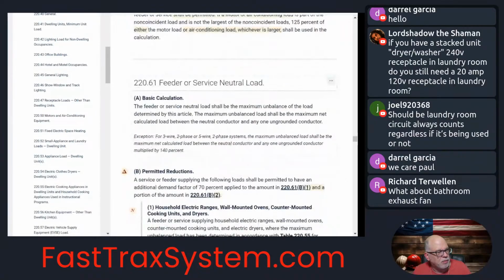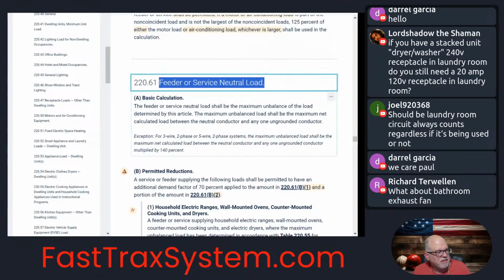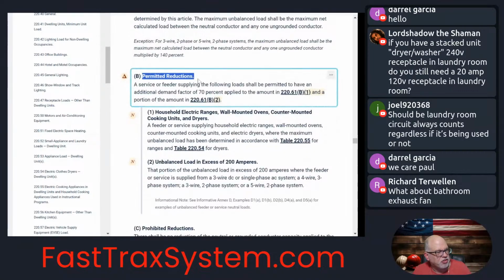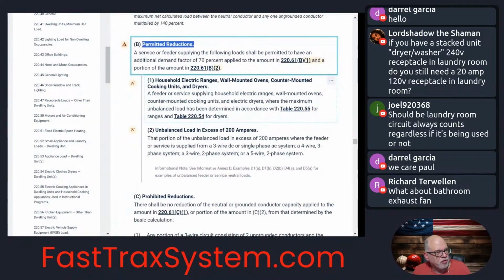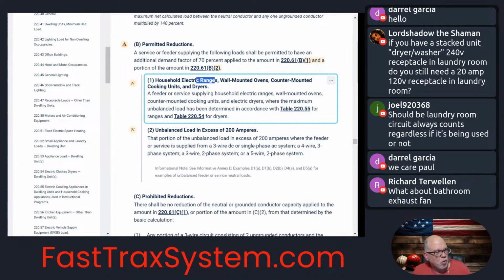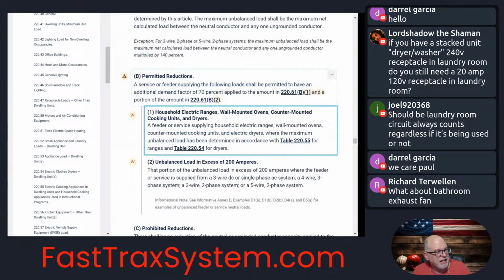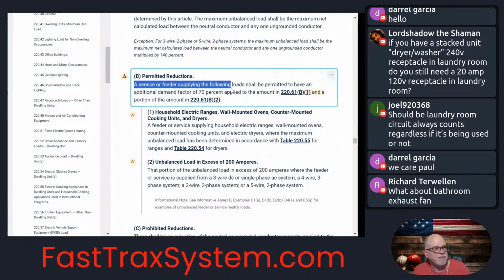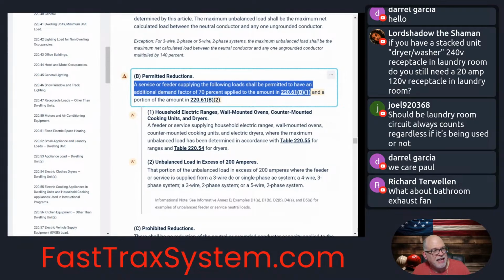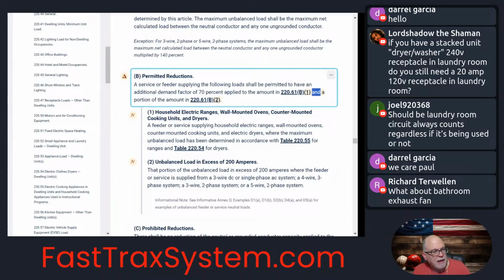Here we're dealing with the feeder or service neutral load. Here's B, permitted reductions. Here you see the dryer, ranges, wall-mounted ovens, counter-mounted cooking. Up at the beginning it says a service or feeder supplying the following loads shall be permitted to have an additional demand factor of 70% applied to the amount in 220.61(B)(1) and a portion of the amount in 220.61(B)(2).